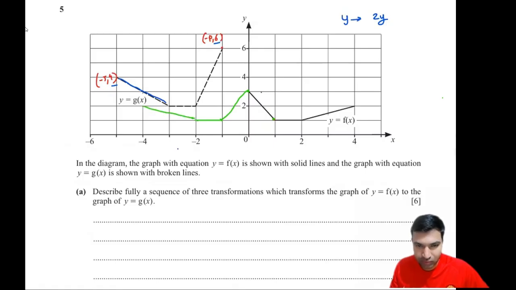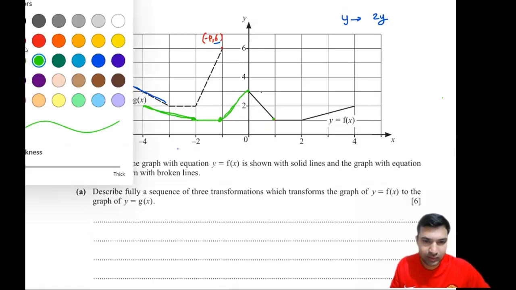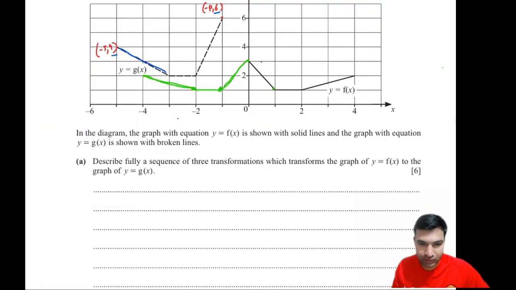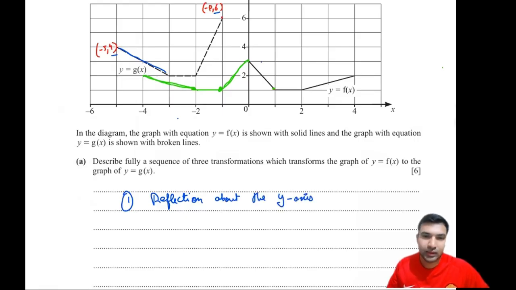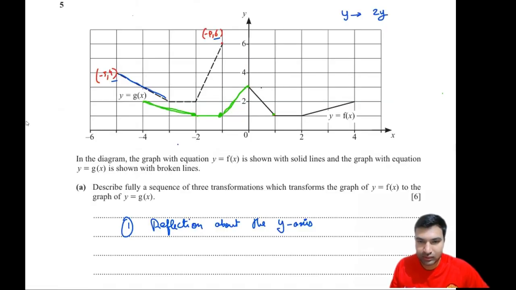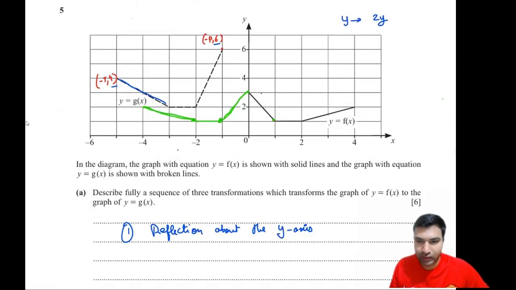This is what the shape is after reflection about the y-axis. So clearly my first transformation is a reflection about the y-axis, because all the x becomes negative x, and the y remains the same.